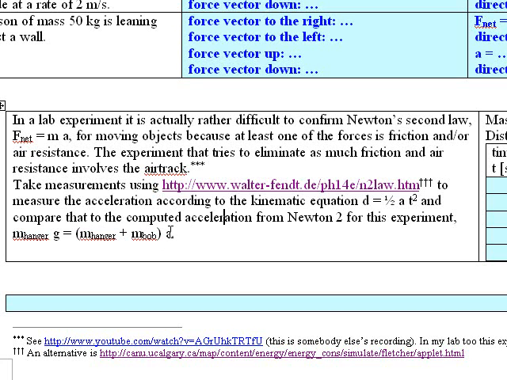I call this one the theoretical acceleration, because that's how much it should be. So that acceleration is going to be mass of the hanger times gravity divided by mass of the hanger plus mass of the bob. The other one, I call the experimental acceleration, because in a real lab, we would measure the distance, we would measure the time, and then figure out how much acceleration we have.